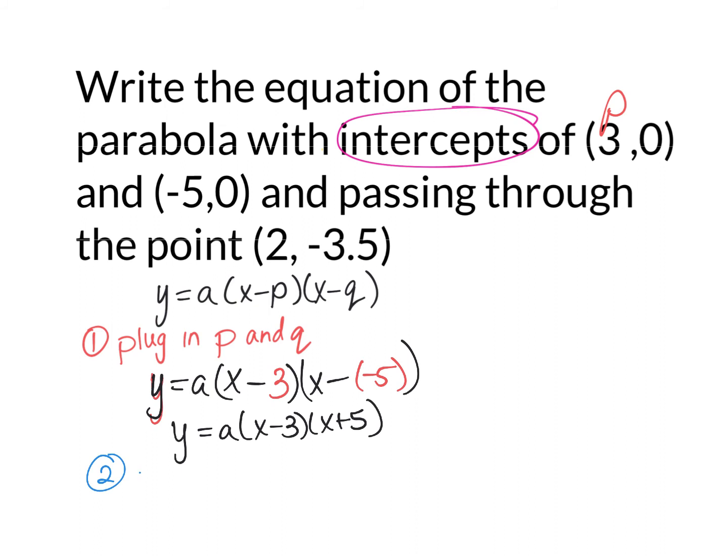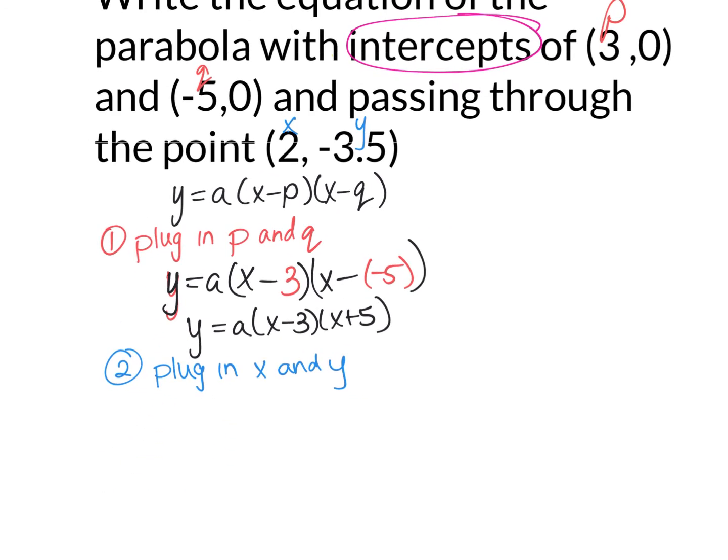Then we're going to plug in our x and y. My x is 2, and my y is -3.5. This was my q up there. So we're going to plug in -3.5 for y. Now make sure you're plugging them into the right variable.